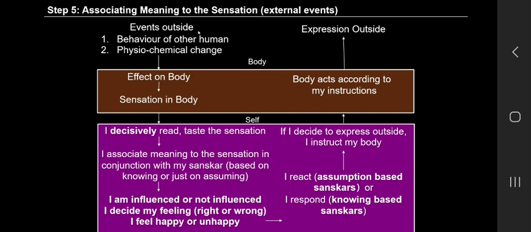With that state, we can align my sanskars with relationship, harmony, and coexistence. And once they are aligned, whenever I read sensations, I respond because now my sanskars are aligned with relationship, harmony, and coexistence.